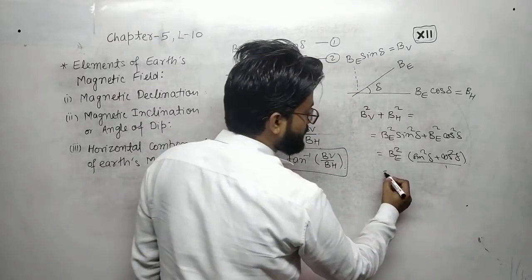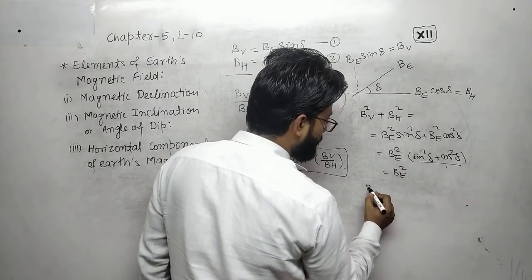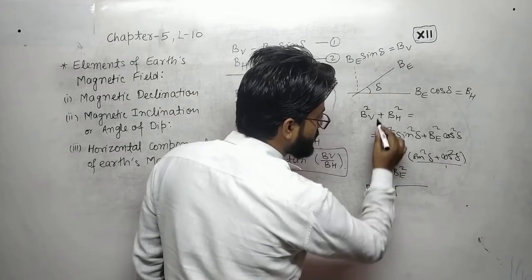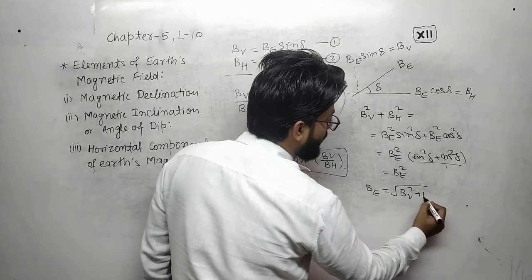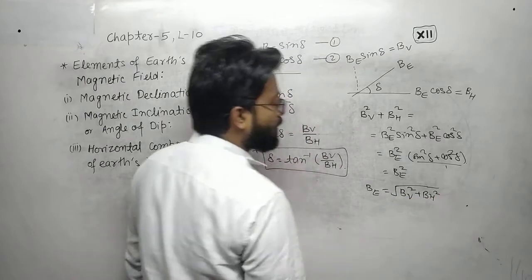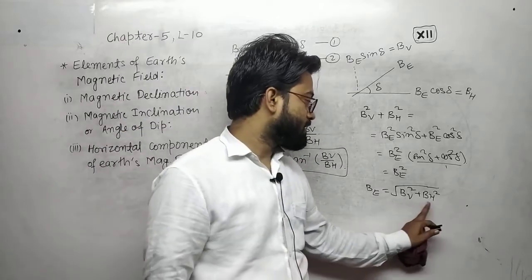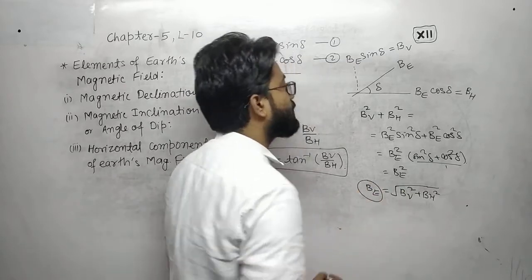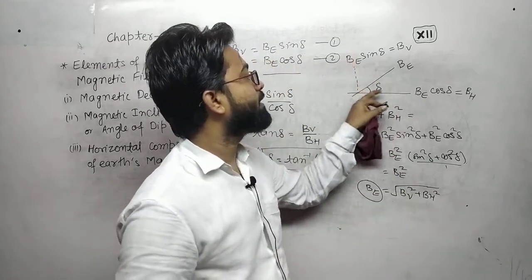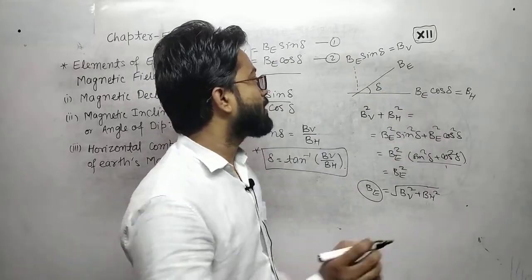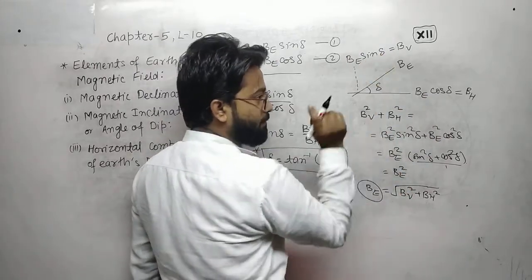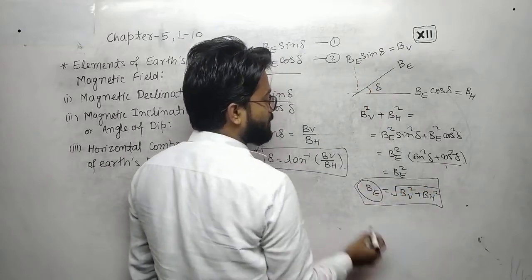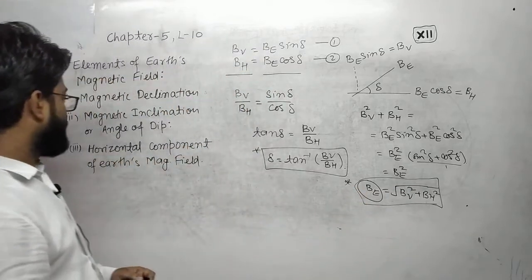So BE square equals BV square plus BH square, or BE equals the square root of BV square plus BH square, the vertical component squared plus the horizontal component squared, under root. If the vertical and horizontal components are given and you wish to calculate the total magnetic field of the Earth at that point, use this formula. Hope you are understanding.